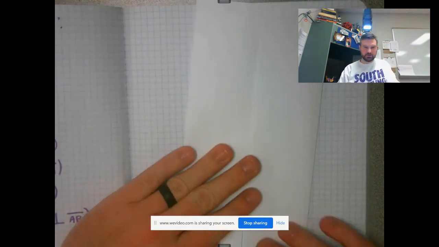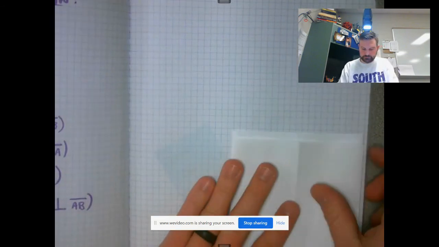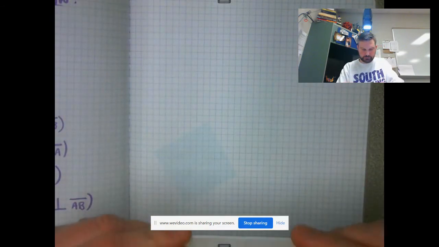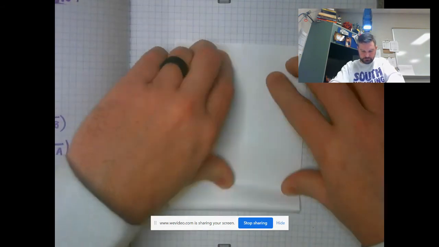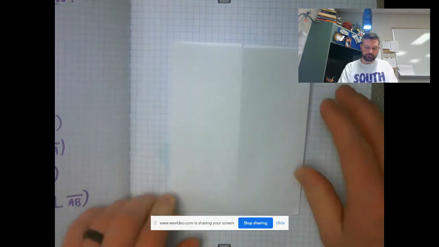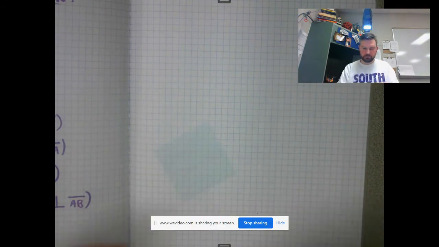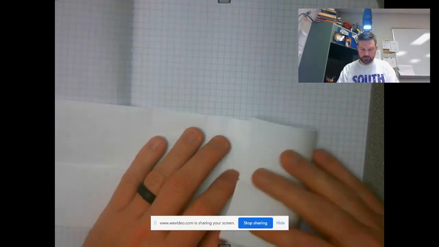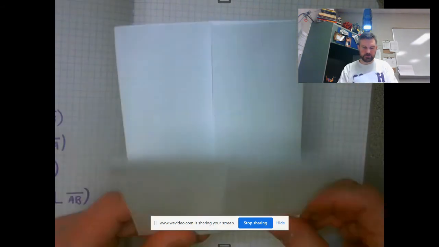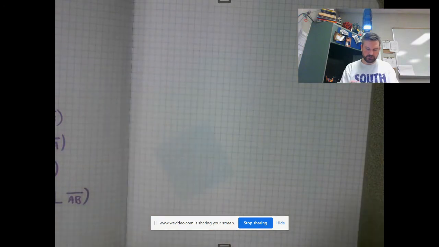Okay, the next thing we're going to do is take it and fold it up. Like so. And then each one of these sections, we're going to fold into thirds. So you can do it all together here.